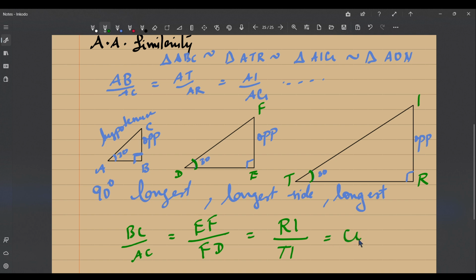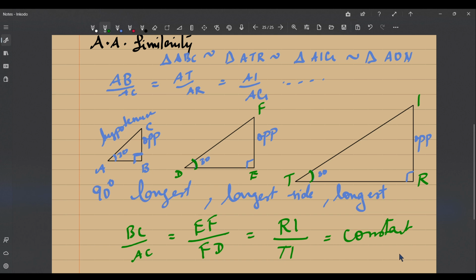It would be equal to some constant, isn't it? Which would be the scaling factor, of course. You'll have to go and look at our similar triangle video series if you want to understand this. But here I hope it's very clear now. These ratios, opposite by hypotenuse of all these similar triangles, will be equal to some constant.